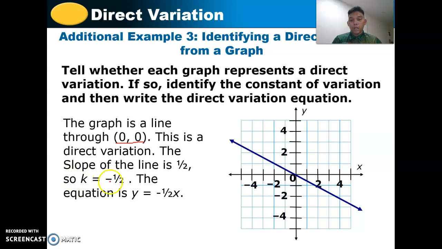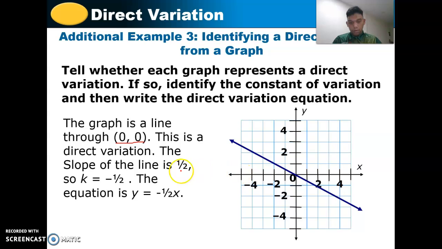So k is equal to negative 1/2, considering it is going to the left, if you're looking at the camera, from my perspective.